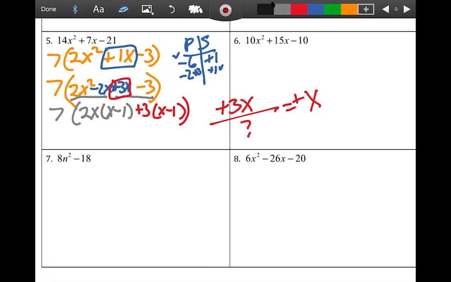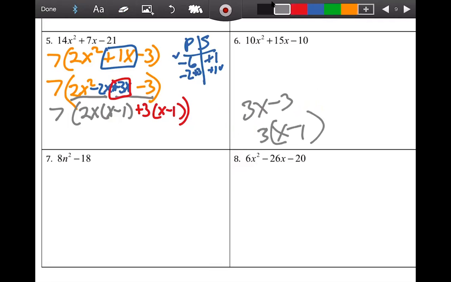So I'm just going to divide out the 3. If I divide 3x by negative 3, it becomes negative x, or negative 1x. We don't want a negative 1x. We just want an x. Or you could just say, I'm not even going to look ahead to that. I'm going to get the GCF both times. And so the GCF is positive 3 for 3x minus 3.